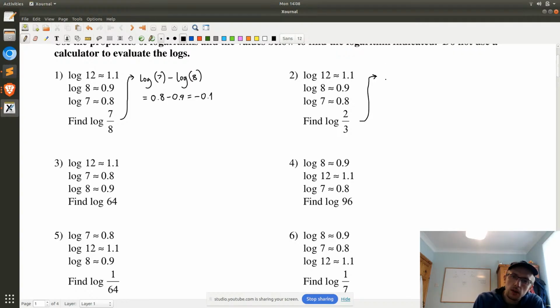Okay, so 8 over 12 is equivalent to 2 over 3. So I'm going to say that this is the same as log of 8 over 12, which is thus log 8 take log 12, which given the figures here is 0.9 take 1.1, which is exactly equal to negative 0.2.